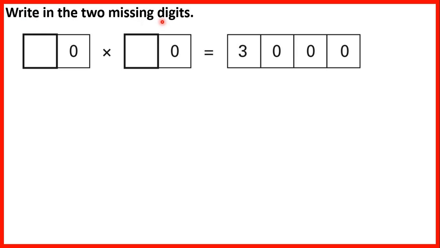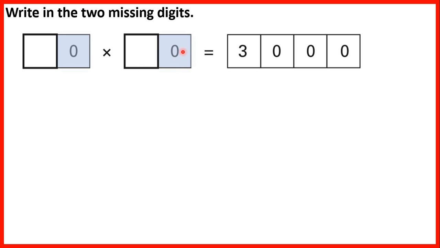Write in the 2 missing digits. So we have something times something equals 3,000. And both of the numbers that we're multiplying have a ones digit of 0. So these numbers will be multiples of 10. Now remember the rule for multiplying multiples of 10. We have one end 0 here and another end 0 here.